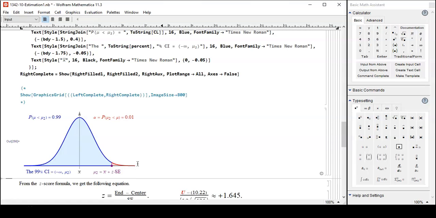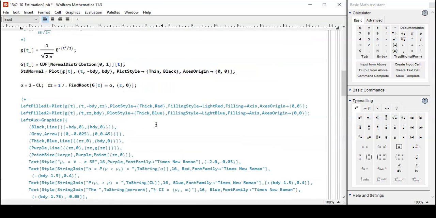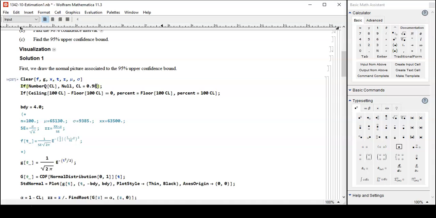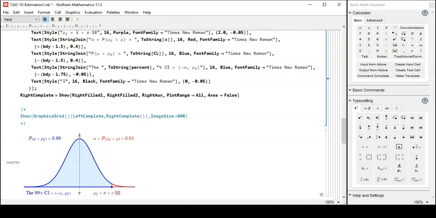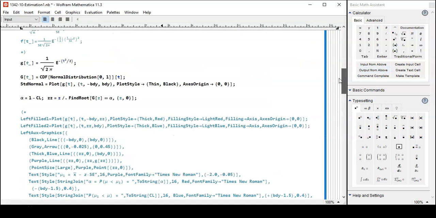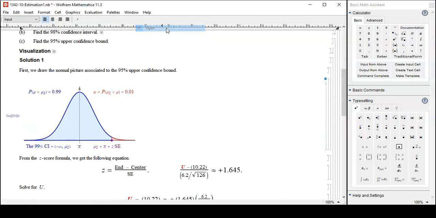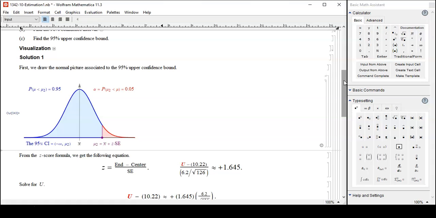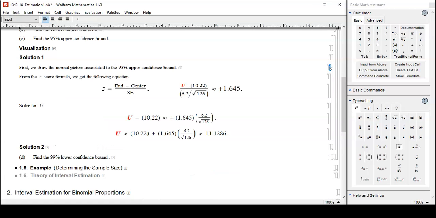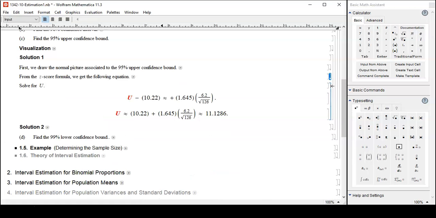So this is the 99% upper confidence bound that I'm visualizing. So okay, let's go back to 95%, which was the previous picture. And there goes one solution.